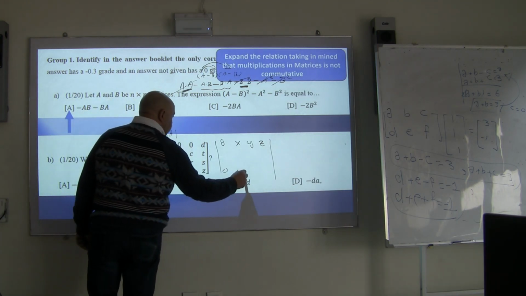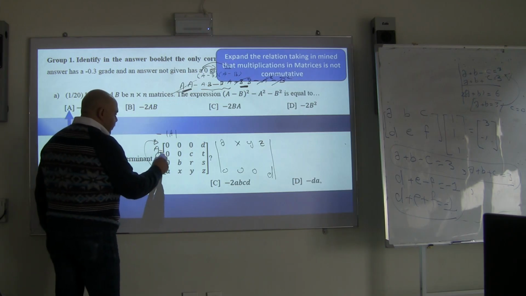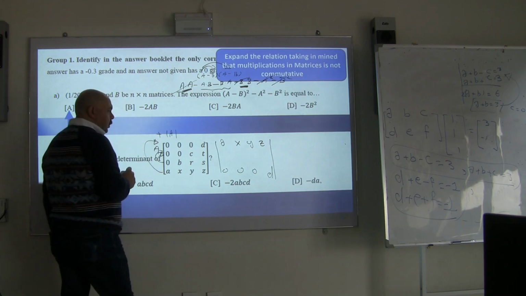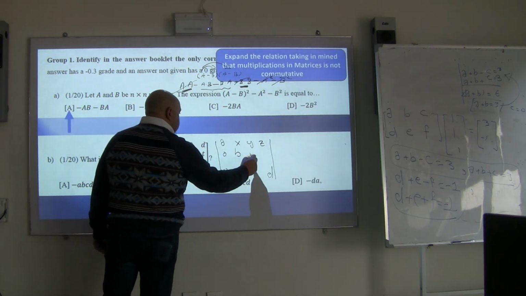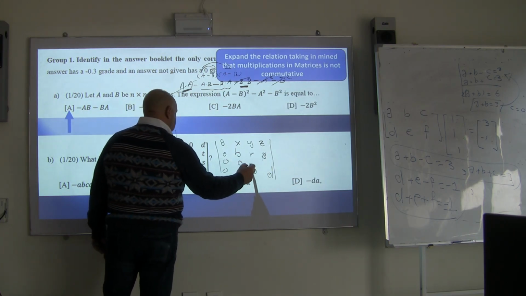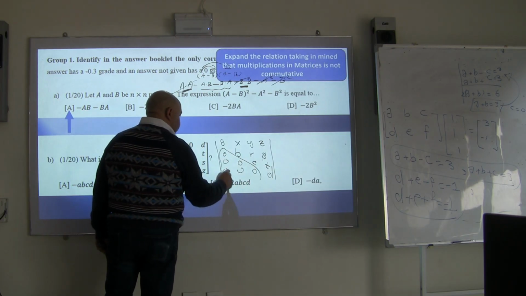This one is going to be 0, 0, 0, and D. And if I make another switch, from the second to the third row, the negative sign will once more be positive, and I will have 0, B, R, and S, and instead of them 0, 0, and then C and T. Now I have a lower triangular matrix.